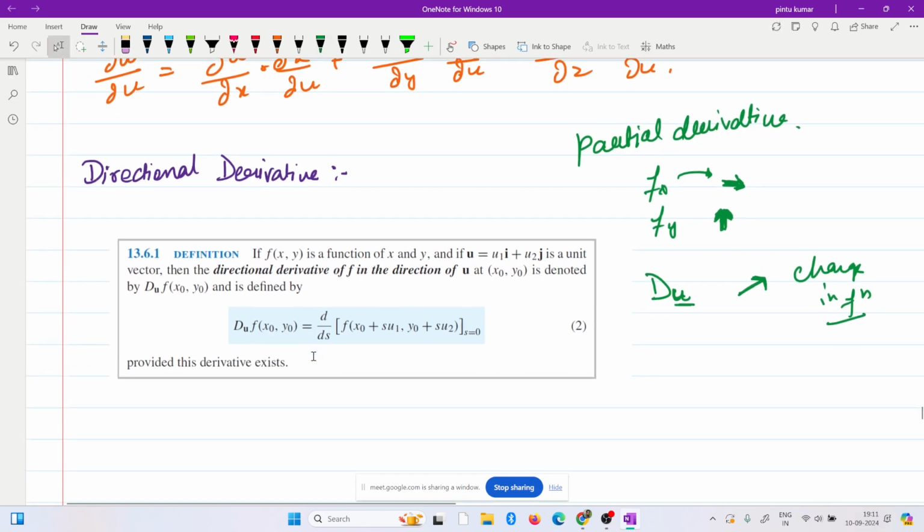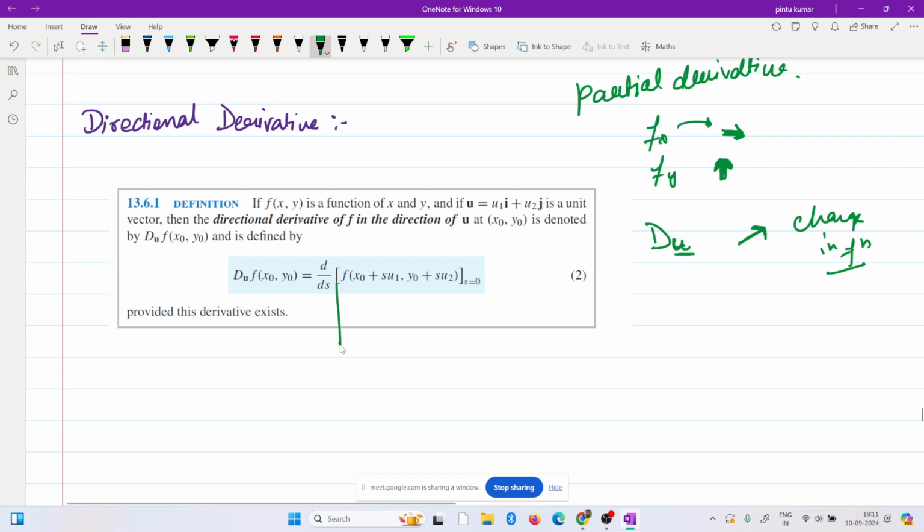So this is again given by, I'll just write it out in a different way. So this is f of x. You are calculating the derivative at x naught and y naught. Then it is f of x naught plus some h, that is very small h, times u1. So your u is given by u1 i cap plus u2 j cap.